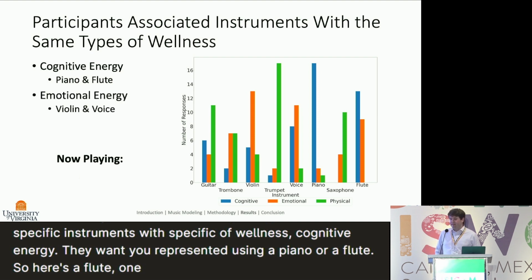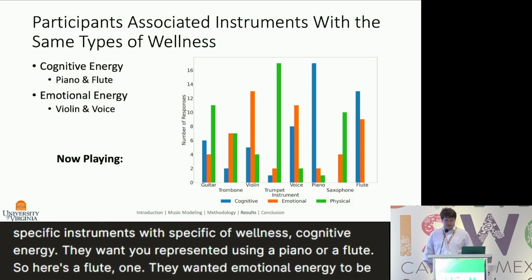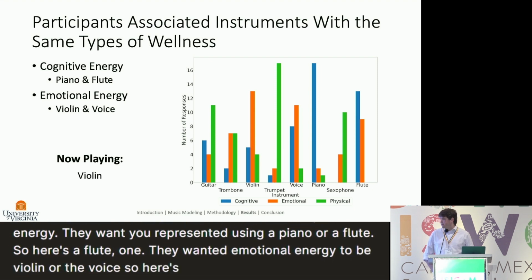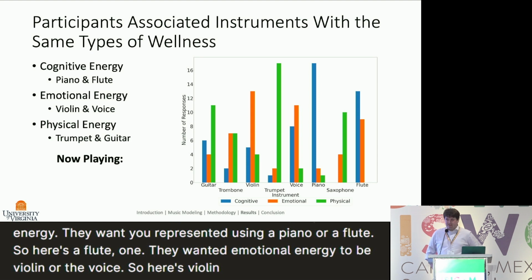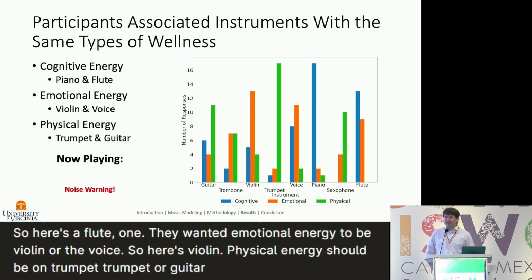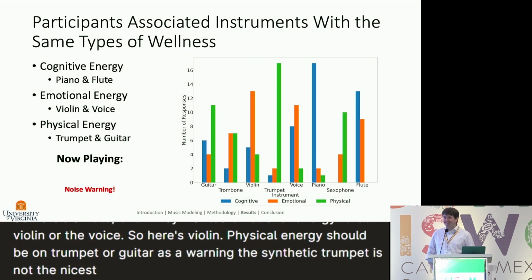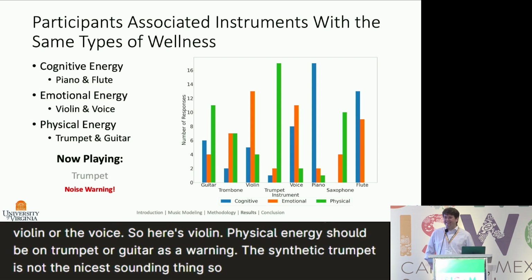They wanted emotional energy to be on violin or the voice, so here's violin. And physical energy should be on trumpet or guitar. As a warning, the synthetic trumpet is not the nicest sounding thing, so yeah.